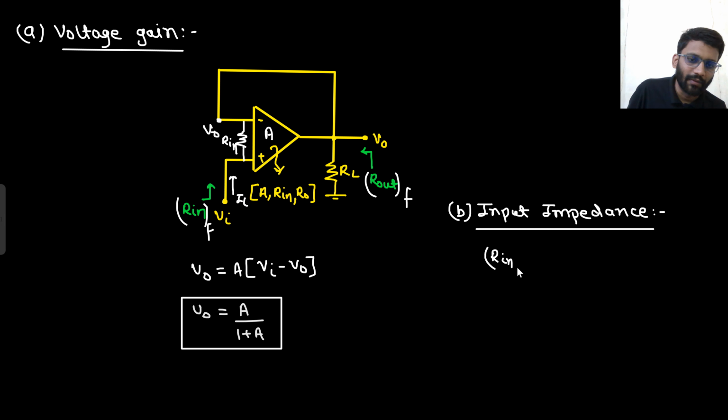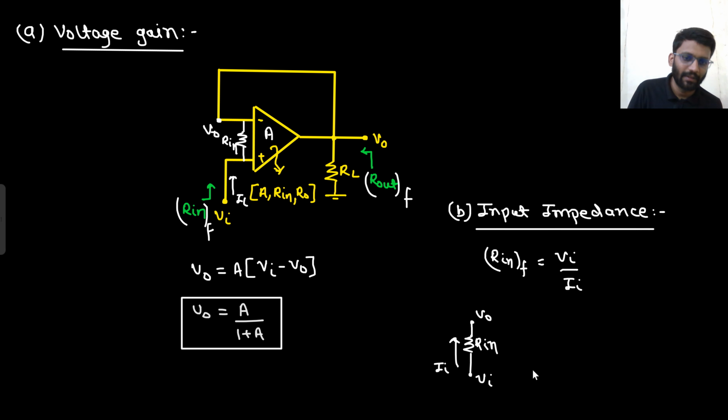Rin with feedback would be V in by I in, right? So Rin is connected to two nodes. This is your Rin in the internal structure of the op-amp. This node is V in, this node is V naught. From here there is current, which is I in. So what can you write? V in minus V naught is equal to I in into Rin.